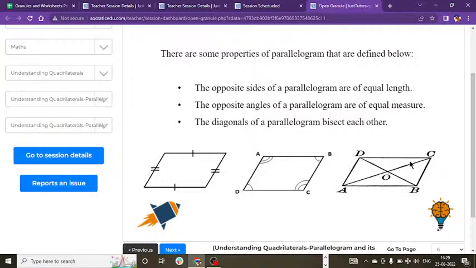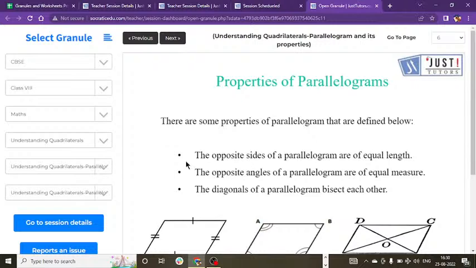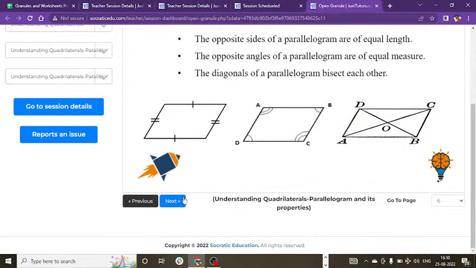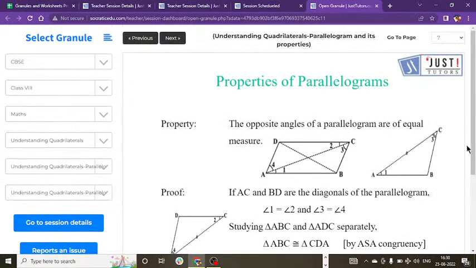So ये जो diagonals हैं आपके DB and CA, they bisect each other, and the common point you can see over here is O. So DB and AC are the diagonals, and they are bisecting each other at the point O. I hope now you are clear about some properties of parallelograms. Let's move on to the next slide and learn more about parallelograms.